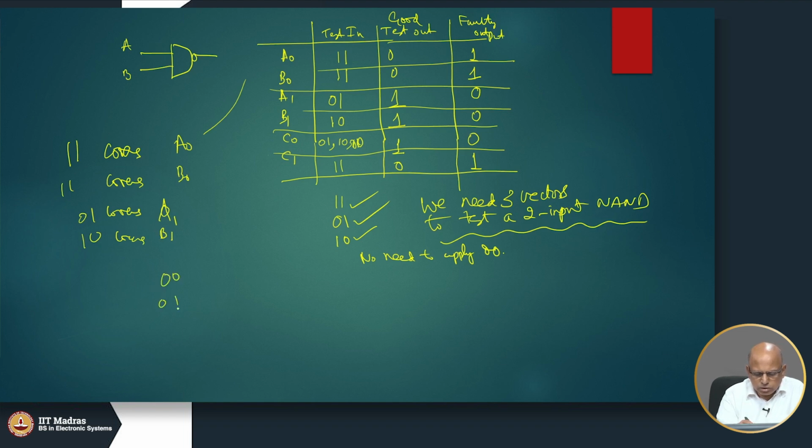So, 0 0, 0 1, 1 0, 1 1, these are the test vectors. 0 1 is required because it will cover A1, 1 0 is required because it will cover B1, C0 is also covered by one of these.